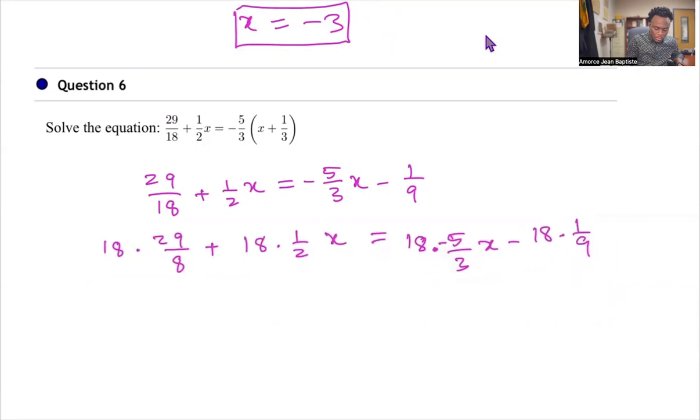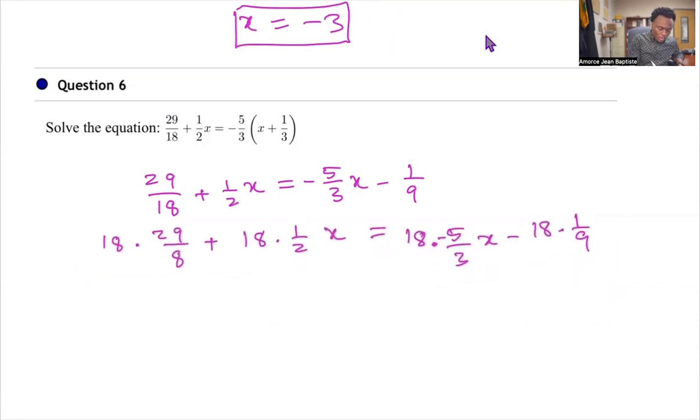Okay, and then, so that cancels this. There's 18 here, so it cancels 18. So that's 29. That's 18 times 1, 18 divided by 2, 9x, equals 18 divided by 3 is 6, negative 6 times negative 5 is negative 30x, and then minus 2. 18 divided by 9 is 2.